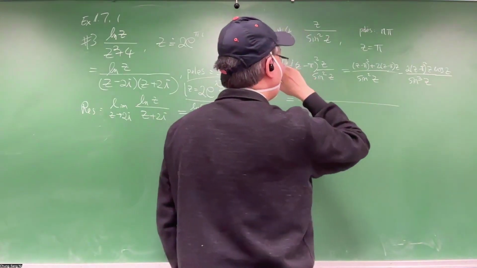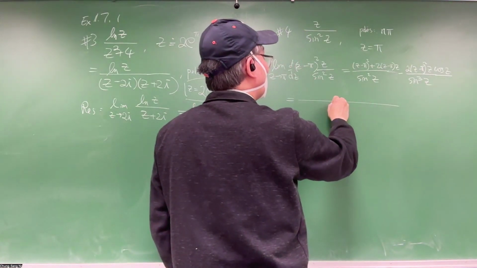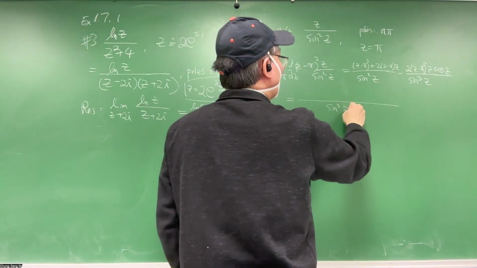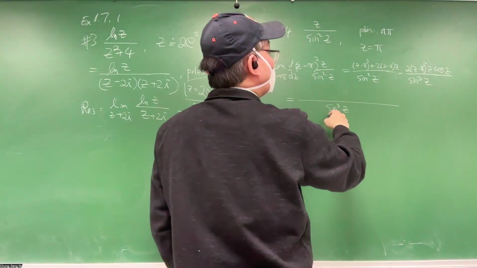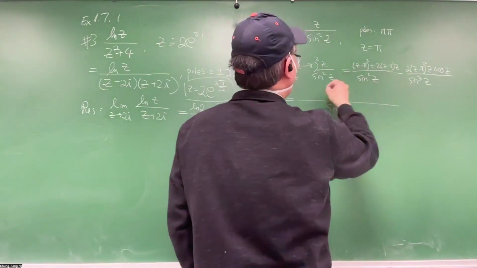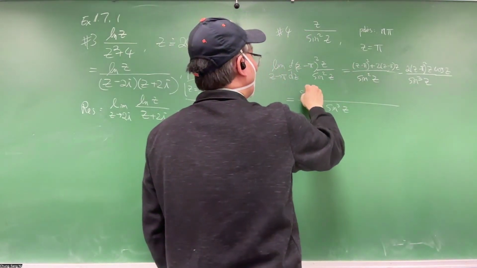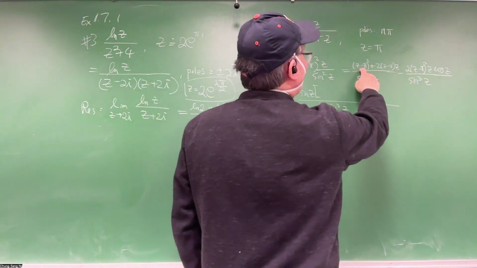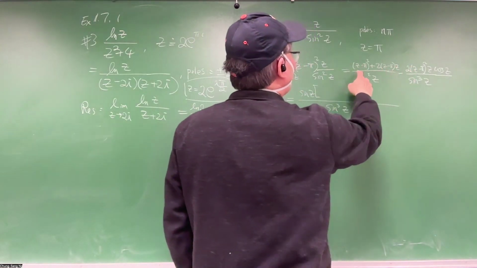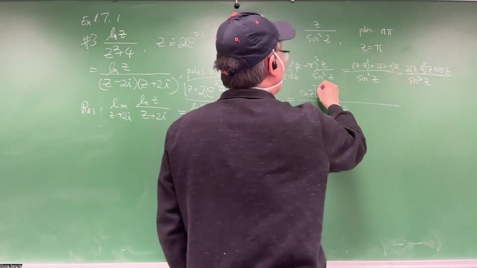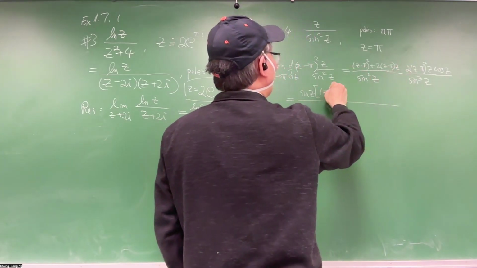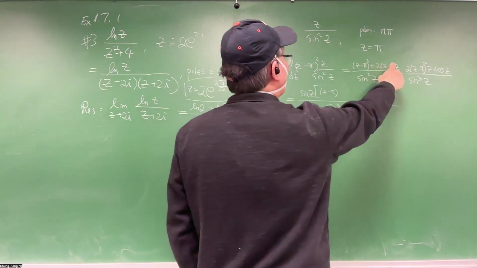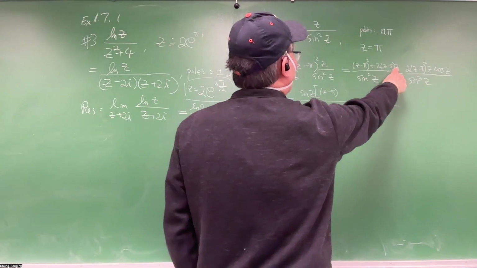And let's get to the common denominator, sine cubed z. Sine z times this factor. Let's see if we can simplify that. You have this factor is z minus pi, and then z minus pi plus 2z, right?